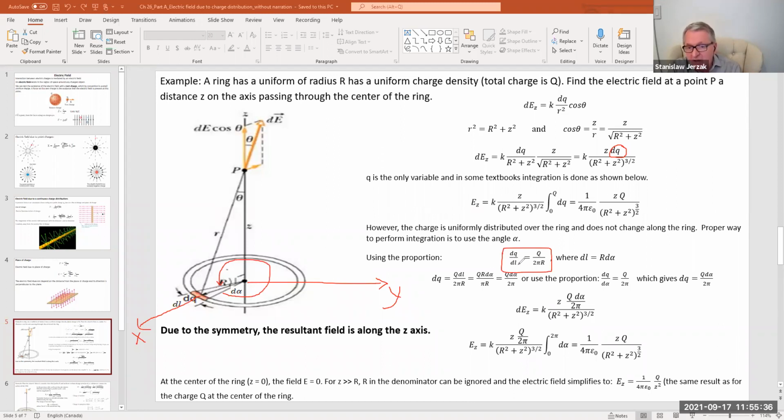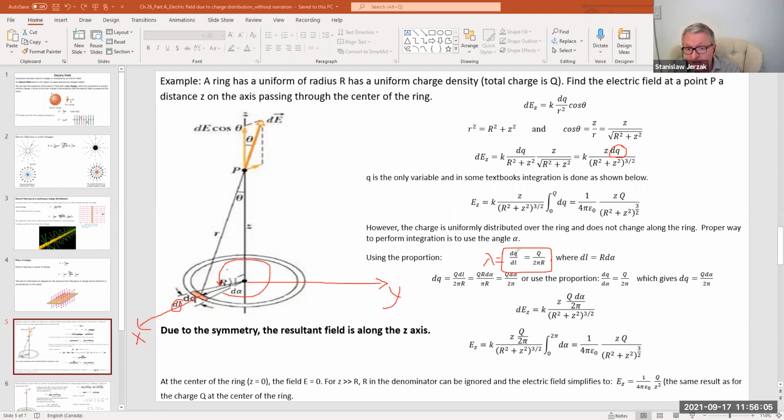So I repeat this again: if dq is a tiny part of the ring, and if the arc length on which that dq is located I designate by the symbol dl, so dl is the length of that little chunk of the charge, then I can write a proportion, because lambda is uniform, right? Lambda for the ring is constant because charge is distributed uniformly.